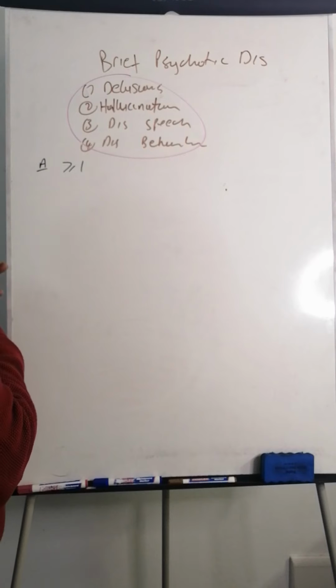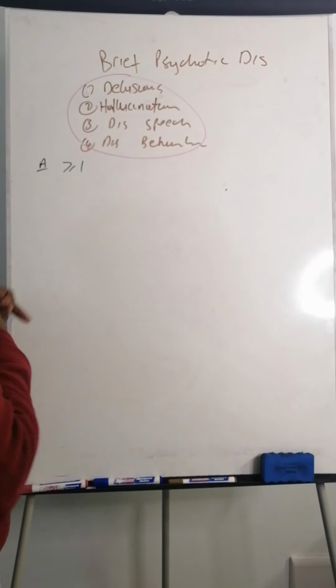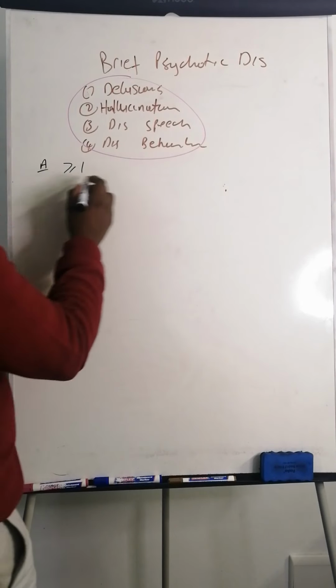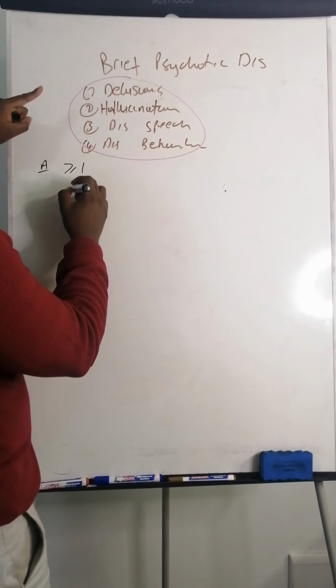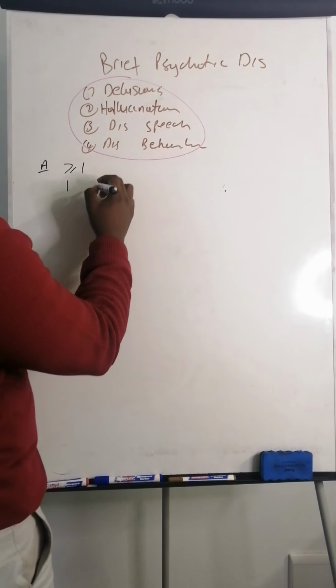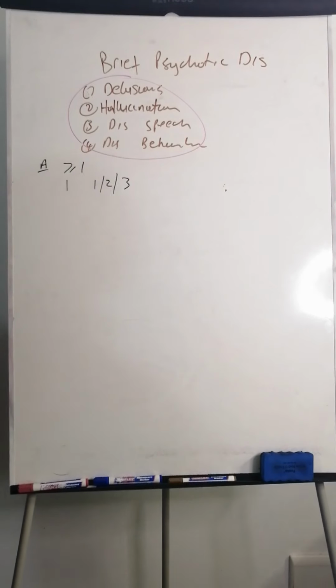Criterion A says if you are to diagnose brief psychotic disorder, that patient must have one or more of these symptoms. And one of these symptoms must either be 1 or 2 or 3.